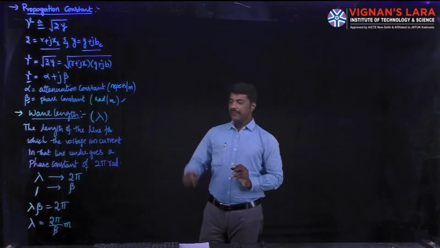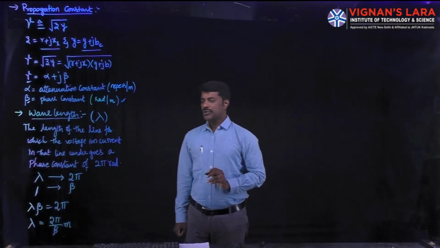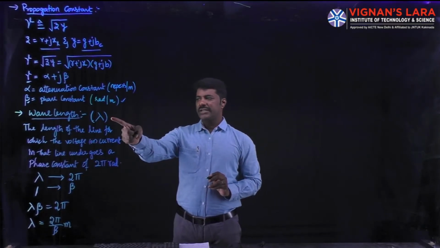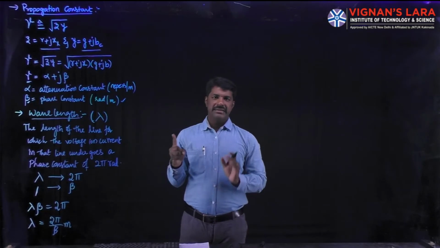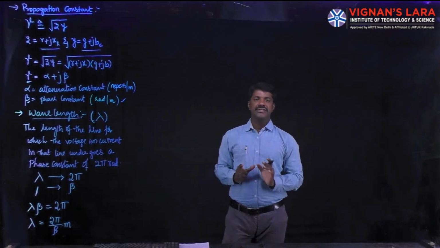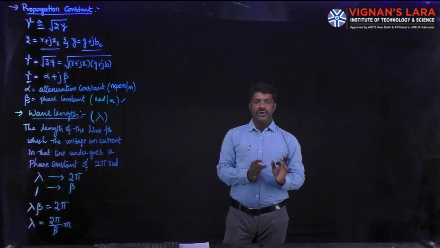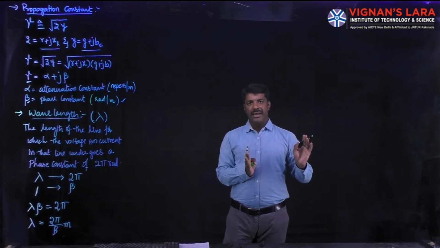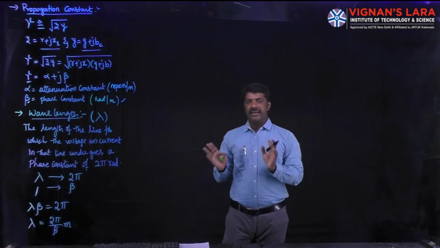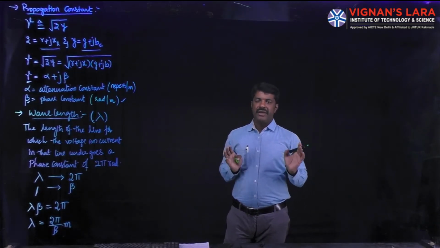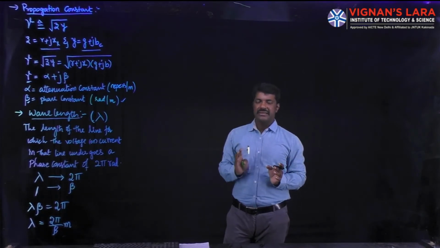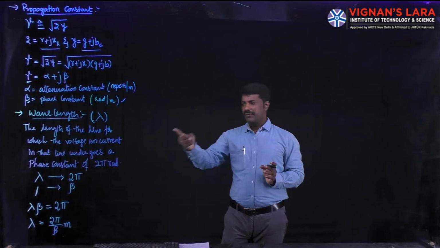This is wavelength lambda. So what is the definition of wavelength? Wavelength is represented with lambda, whose unit is meters, and it is the quantity identified in the transmission line for which the voltage or current waveform should travel on the long line for a certain distance, such that whenever that voltage or current undergoes a phase shift of 2 pi radians, then that length is called wavelength.